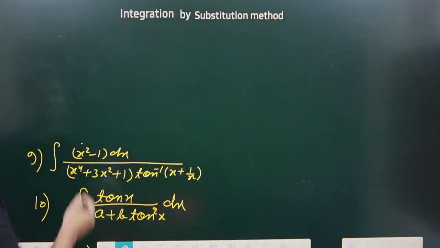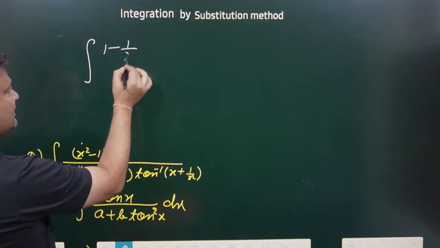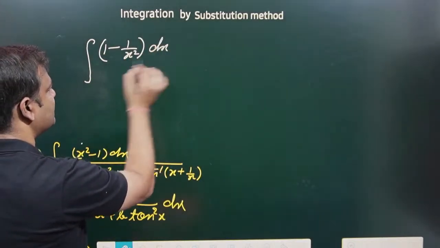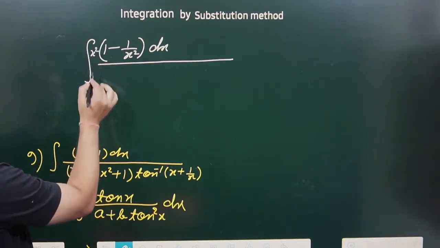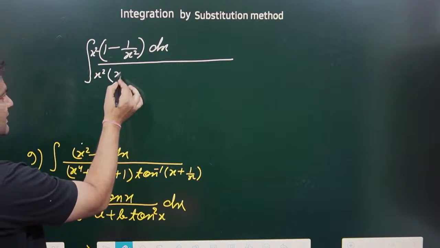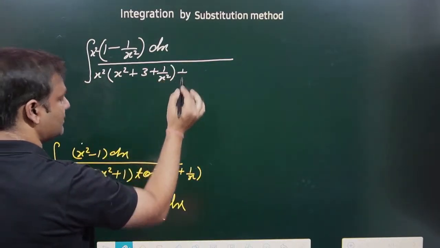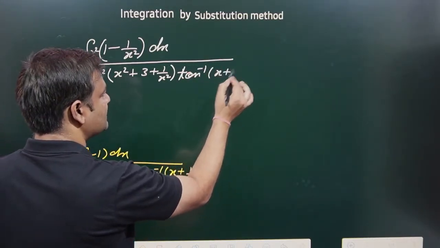Now we focus on question number 9. Here x square plus 1. First of all, take x square common in numerator and denominator, then the numerator is written as 1 plus 1 upon x square dx divided by, if x square is common, x square plus 3 plus 1 upon x square, into tan inverse of x plus 1 by x.